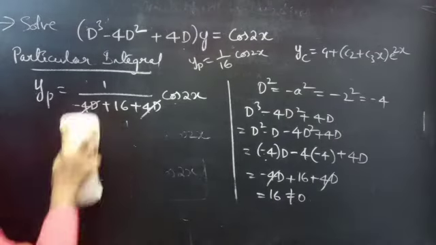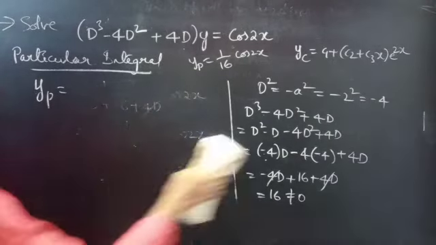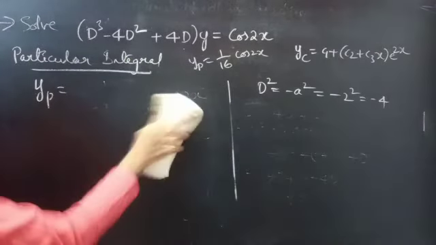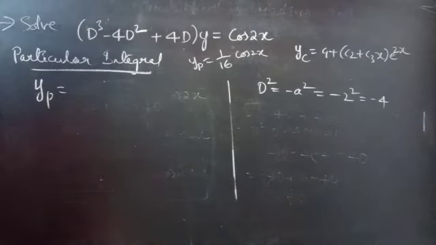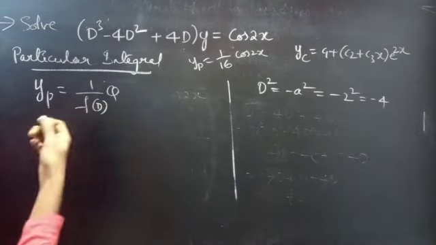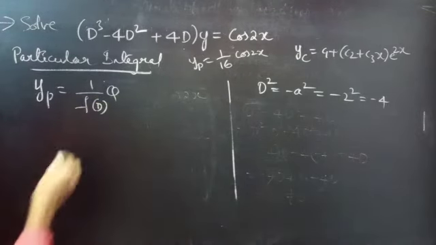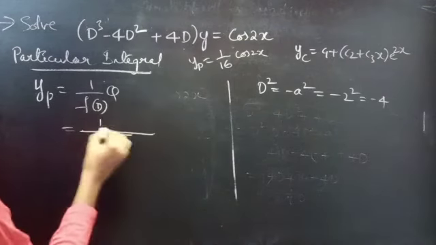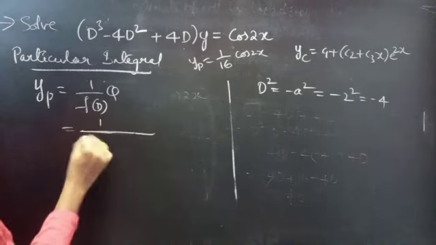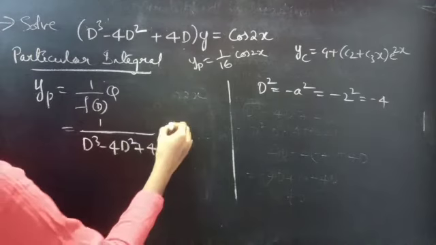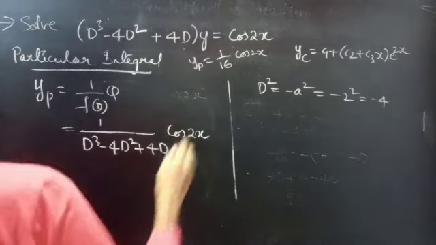we can see another way. We know that yp is given by 1 by f of D into Q. We have f of D as D cube minus 4D square plus 4D, and Q is in the cos ax form.